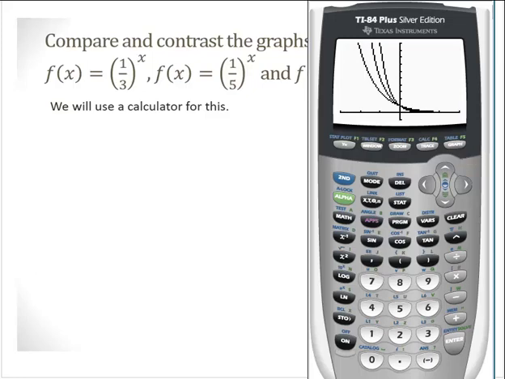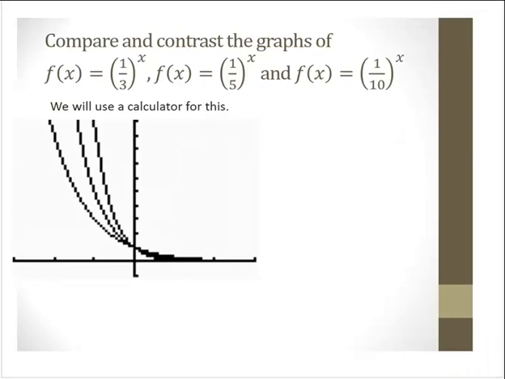All right, let me grab that picture and put it. All right, so we have 1/3 to the x, 1/5 to the x, and 1/10 to the x. All right, so notice that they are all decreasing.